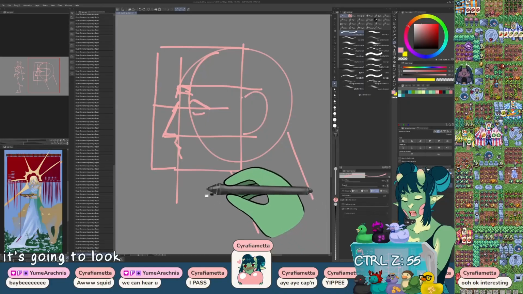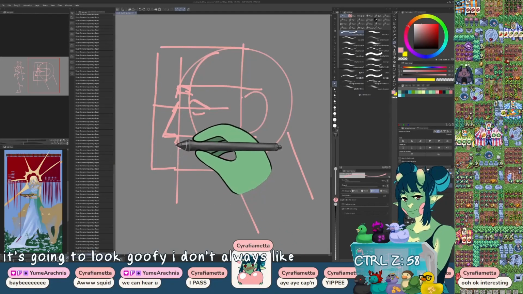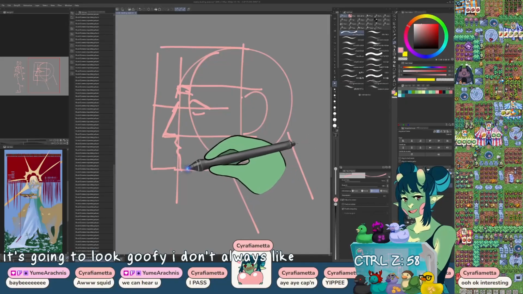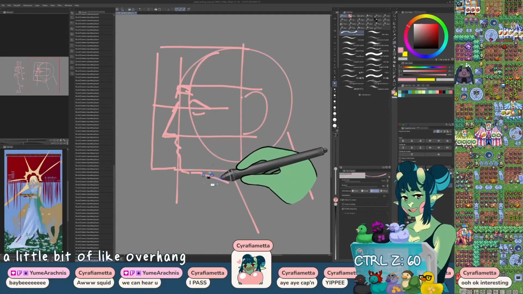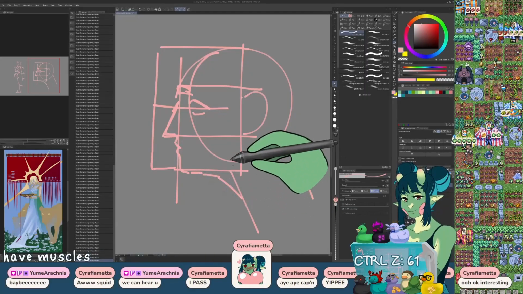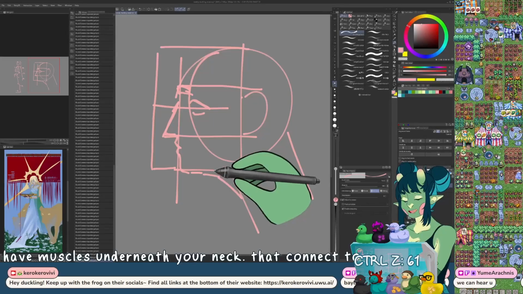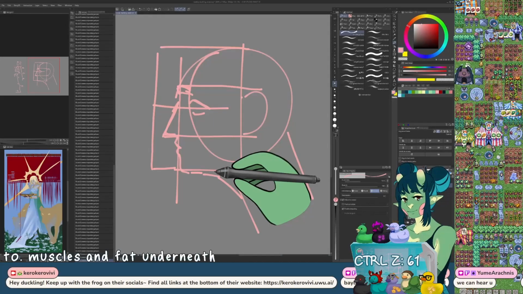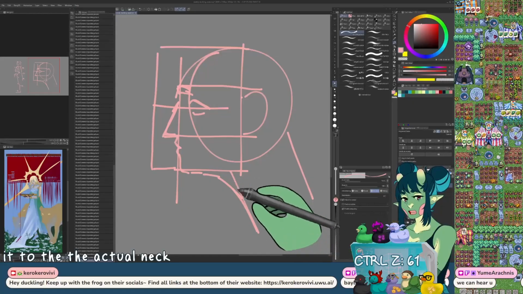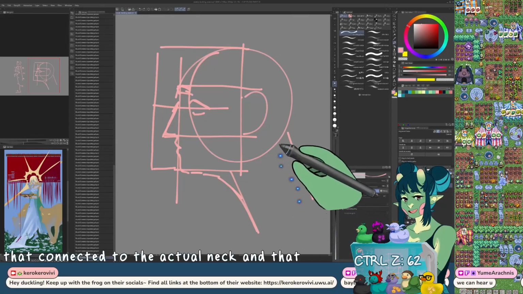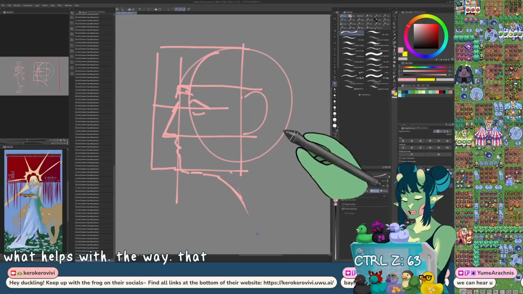And it's gonna look goofy. I don't always like the chin bone, and there's always gonna be a little bit of overhang, right? Because you have muscles and fat underneath your chin that connect it to the actual neck, and that is what helps with the way that looks, so it doesn't look as awkward.